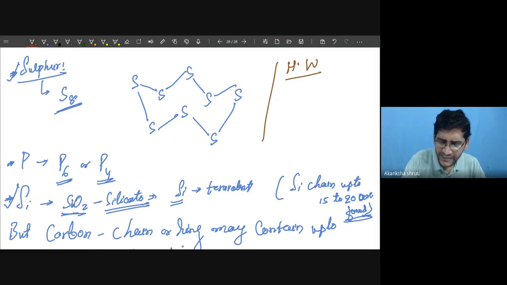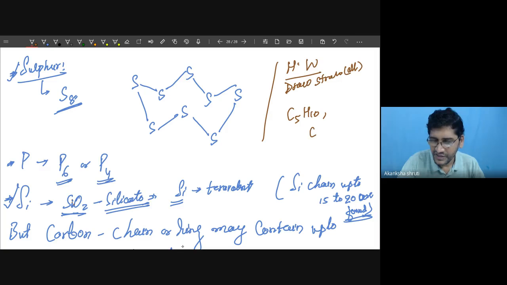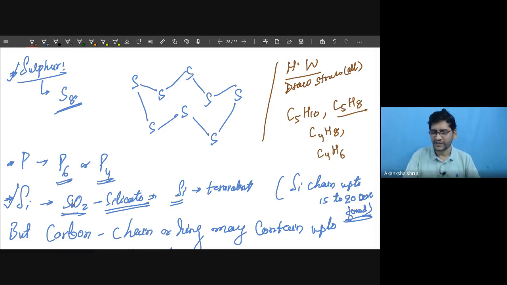So please practice drawing structures for C5H10, all possible structures, C4H8, C4H6, C5H8. For this, many will be formed. You have to try this. Please practice these four structures.